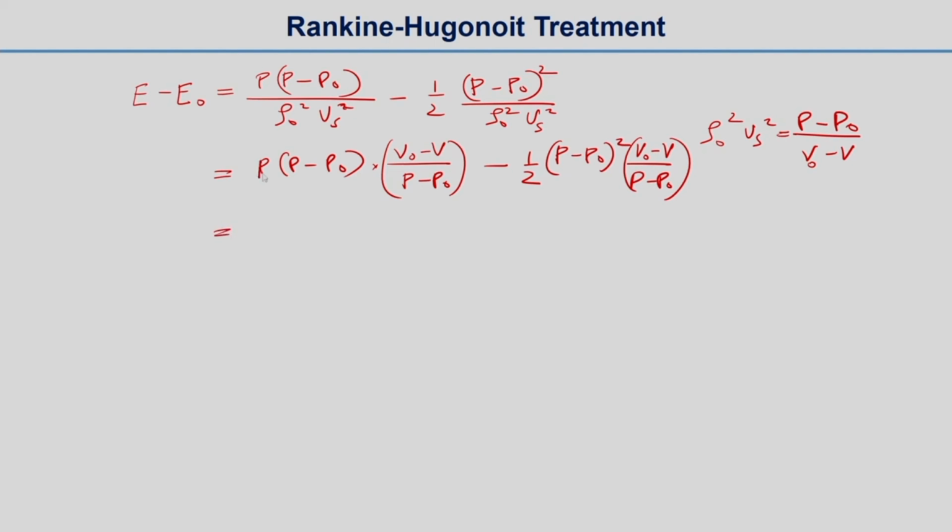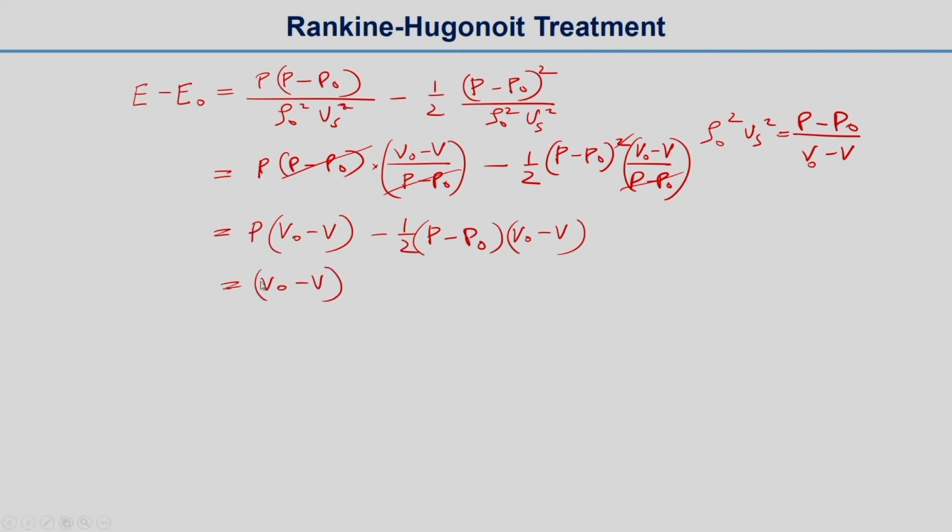So this actually cancels out. So we get P(V naught minus V) minus half of (P minus P naught)(V naught minus V).